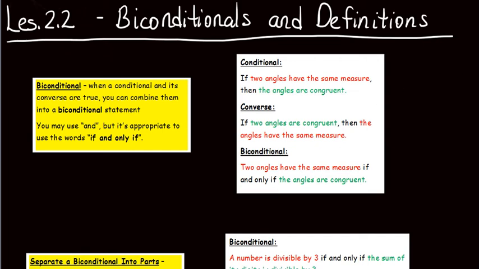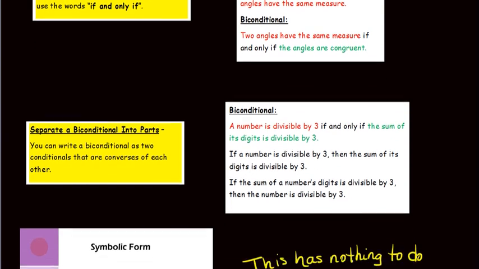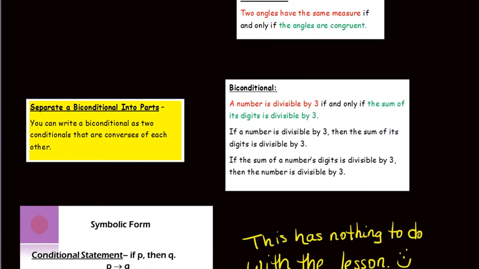Now, you can also do the opposite, which is separate a biconditional into parts. You can write this biconditional as two conditionals that are converses of each other. I started here first with the biconditional that says a number is divisible by 3 if and only if the sum of its digits is divisible by 3.